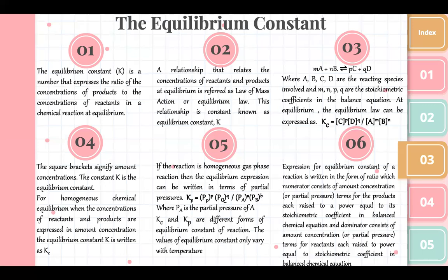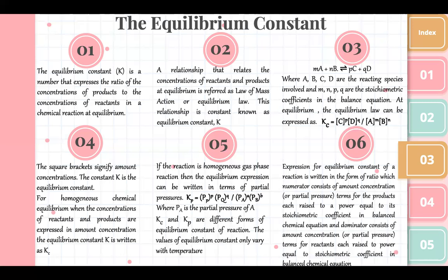At equilibrium, the equilibrium law can be expressed as Kc equals the concentration of C raised to the power of p, times the concentration of D raised to the power of q, divided by the concentration of A raised to the power of m, times the concentration of B raised to the power of n.